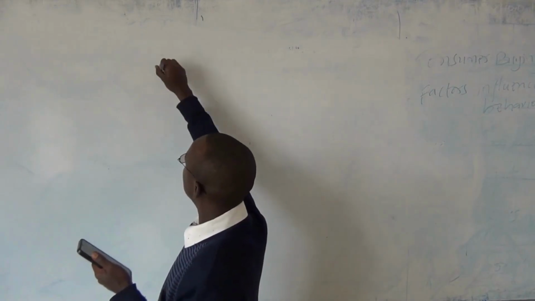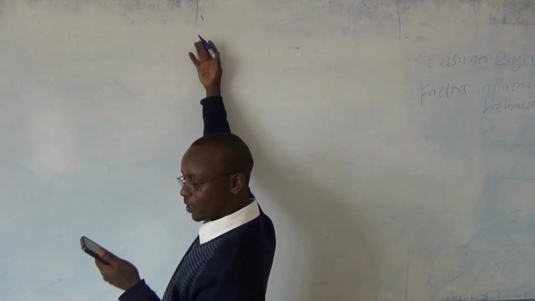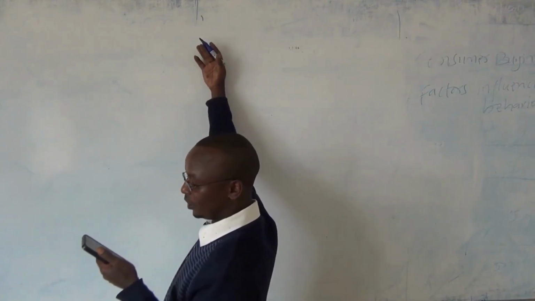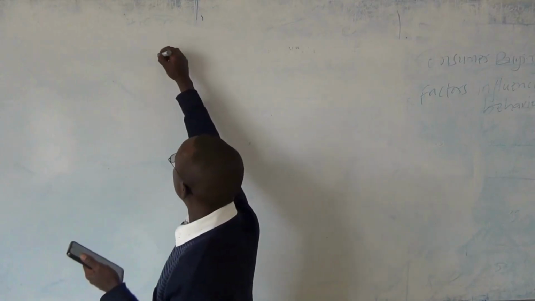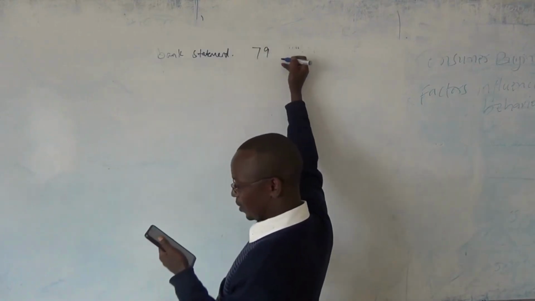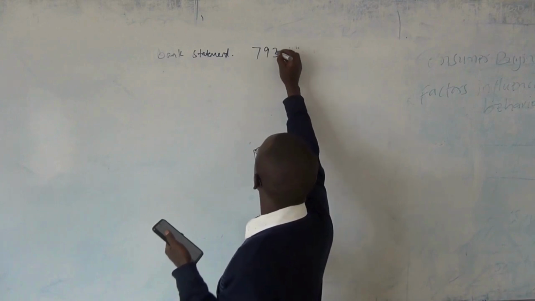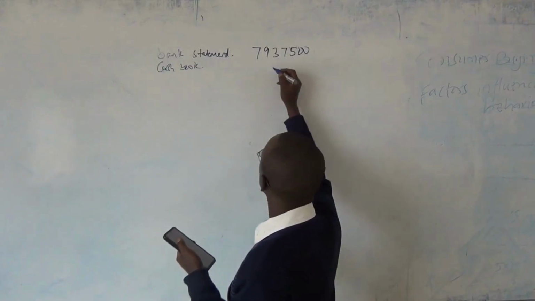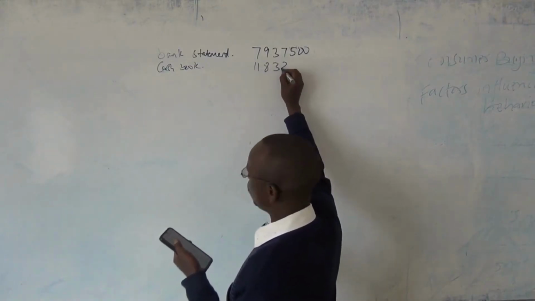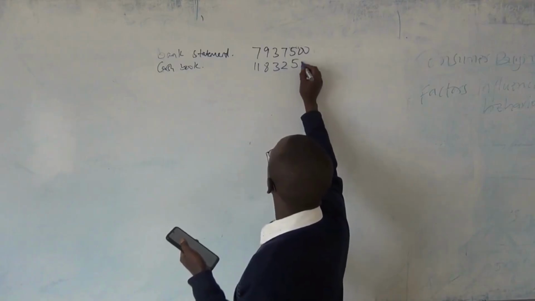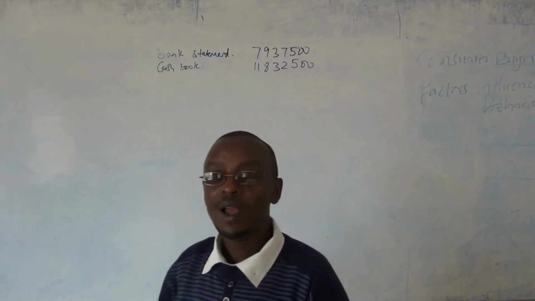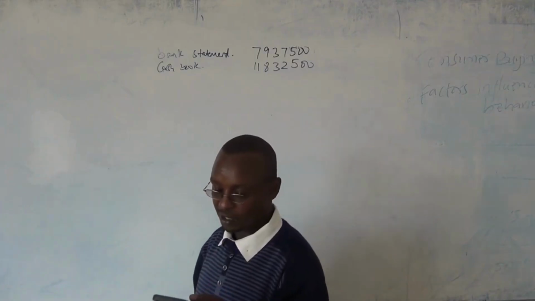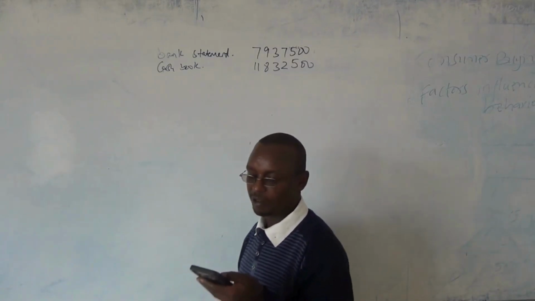We are reporting for March on that April, which is when the statement came. Then his cash book balance was 11,832,500. Then, upon investigation, his accountant investigated the matter and discovered the following discrepancies.